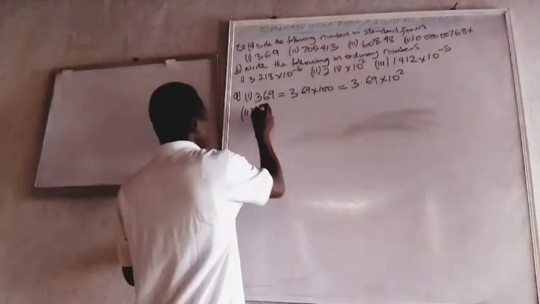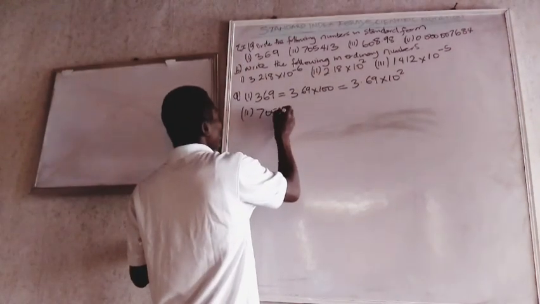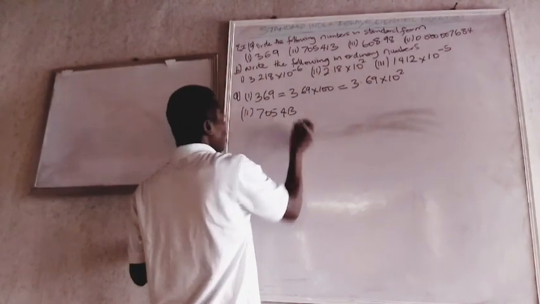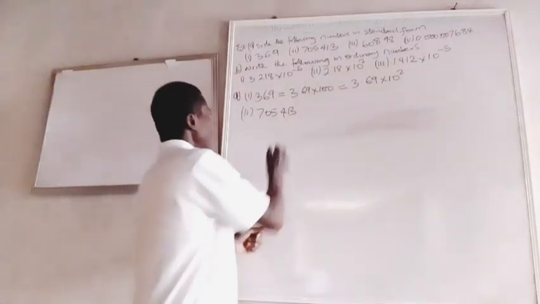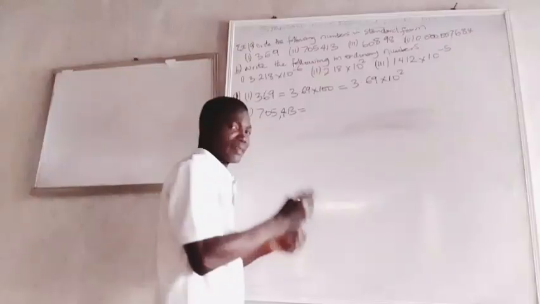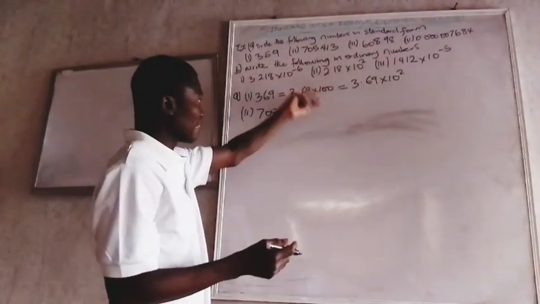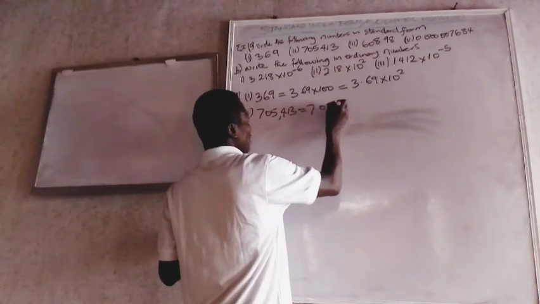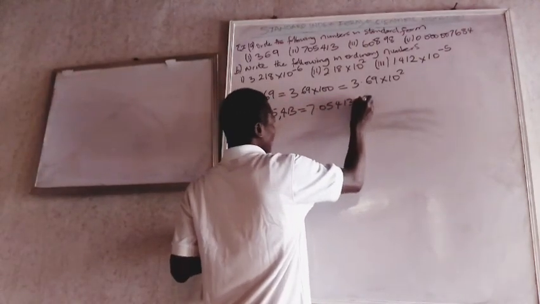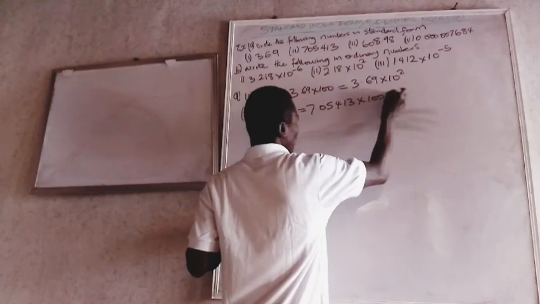705,413. So what does that give us? It gives us 705,413, which means that the greatest power of 10 is 100,000. So it's going to be 7.05413 times 100,000.